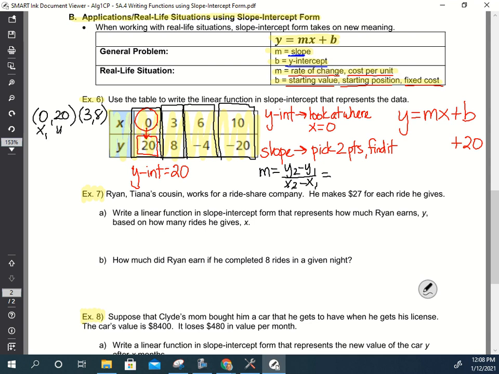Label your points again. So at the top of the fraction, you have 8 minus 20. The bottom of the fraction, 3 minus 0.